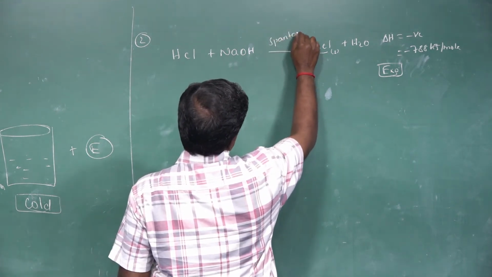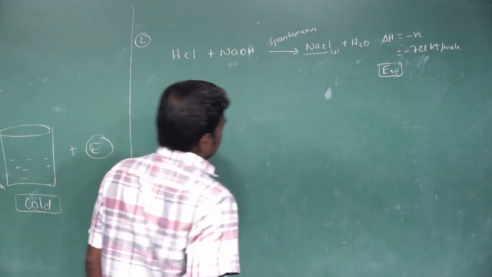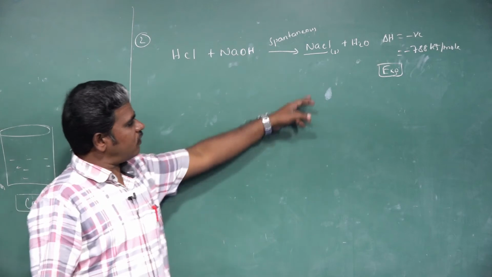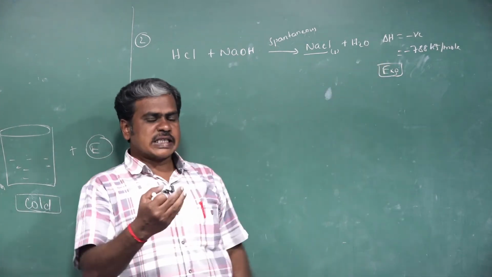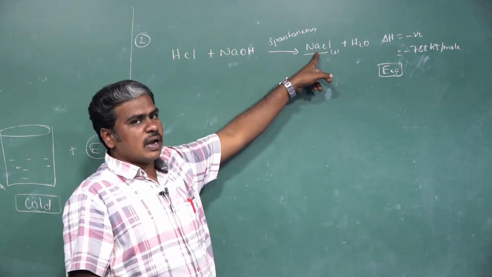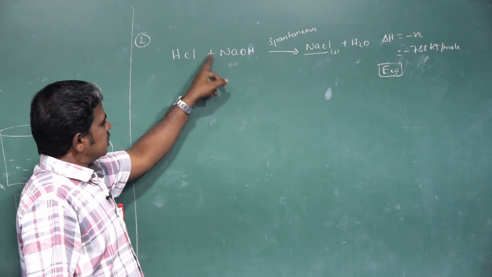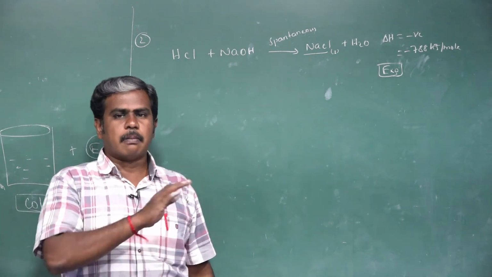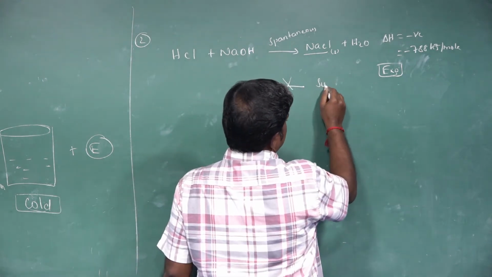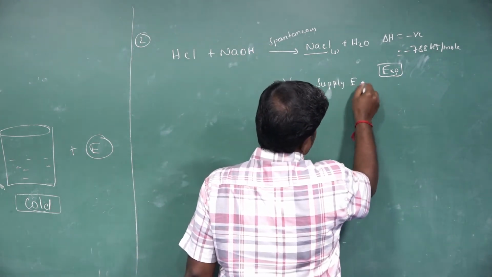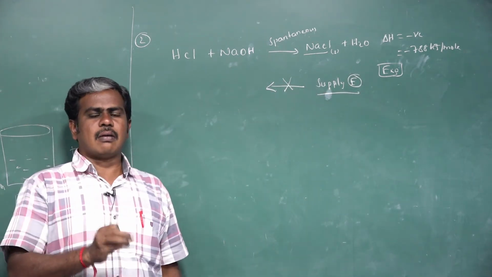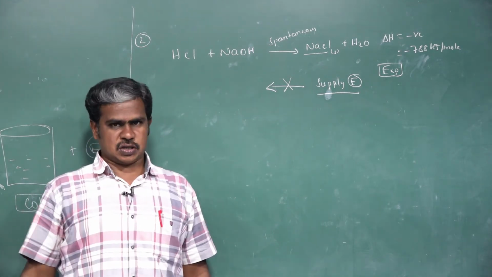Now, if you are supplying energy to sodium chloride, what amount of energy? If 788 kilojoules of energy is supplied to sodium chloride, then what will happen? Would sodium hydroxide and hydrochloric acid be formed? But the reverse process is never formed by supplying energy. So some processes occur only in a particular direction.